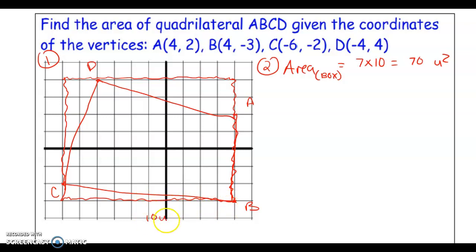So I've got the box is 10 units by 7 units. Alright, so now let's think about our triangles. There's one down here, X, Y, Z. Step 3 is to calculate the areas of these extra polygons.